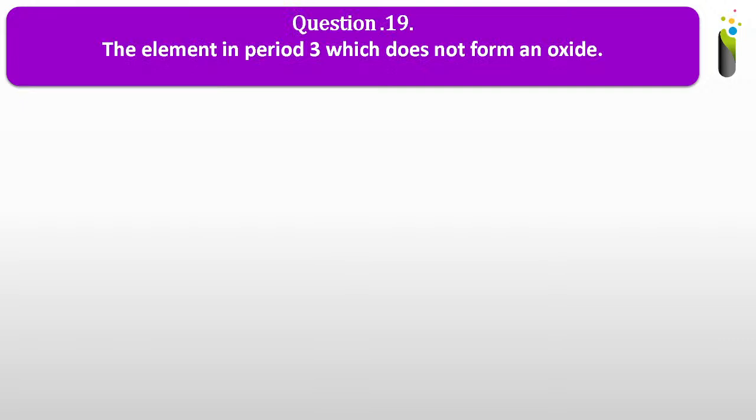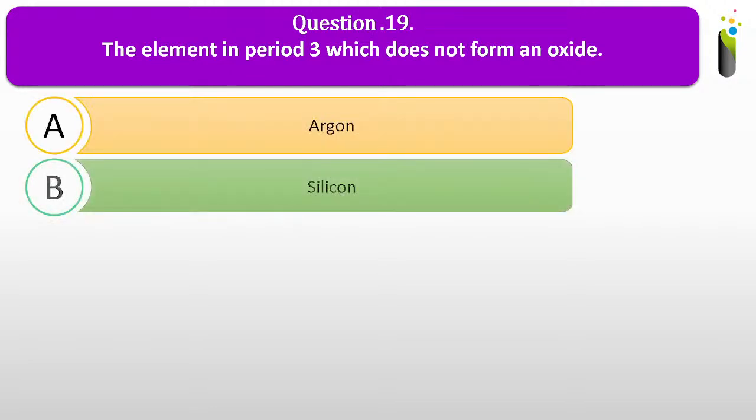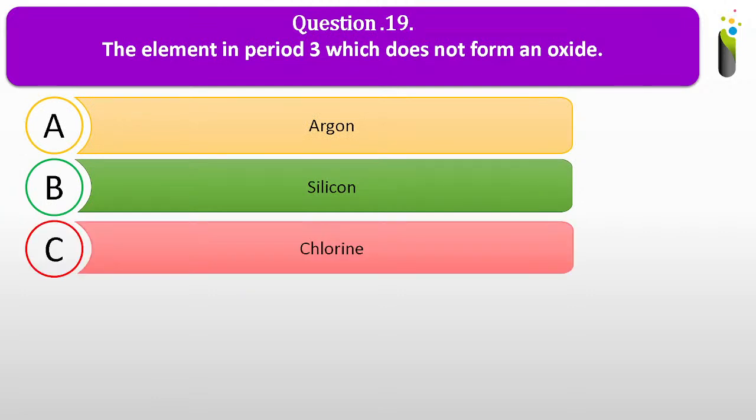Going ahead to question number 19. The element in period 3 which does not form an oxide is dash. A, is it argon? B, is it silicon? C, is it chlorine? D, is it magnesium?